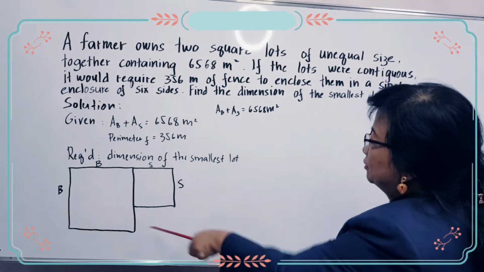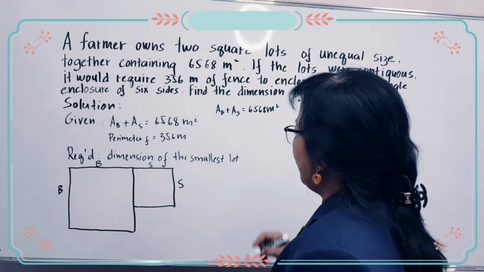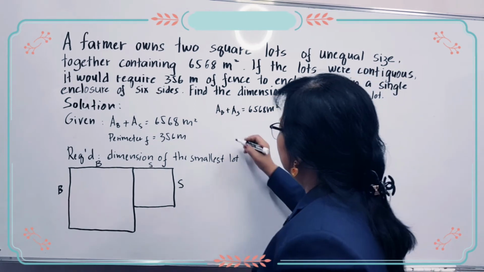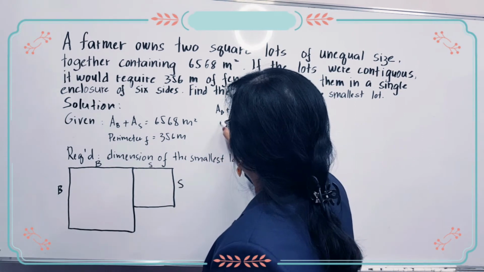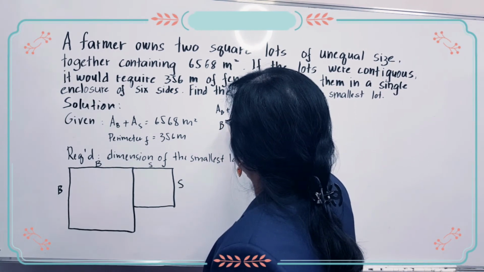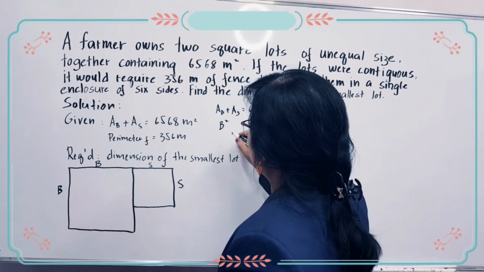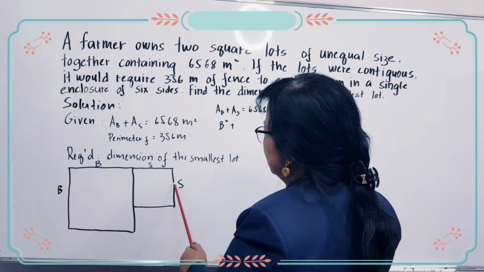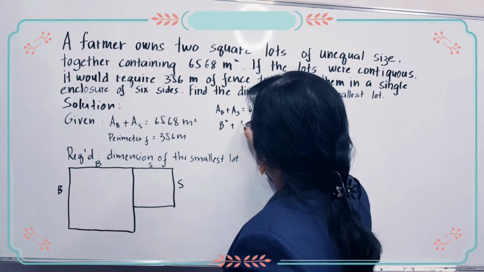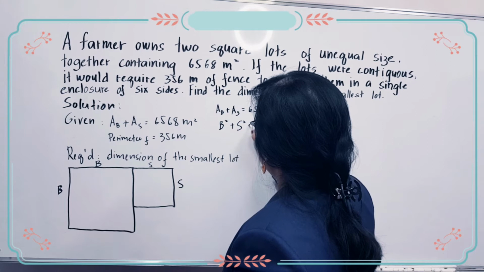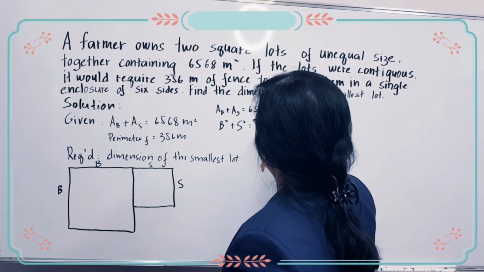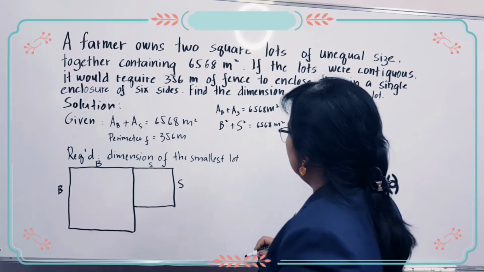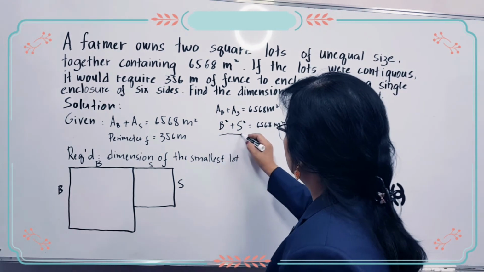This is the total area. The area of the big one is B times B, equal to B squared, plus the small one, which is S times S, the area of the square, equal to 6568 square meters.